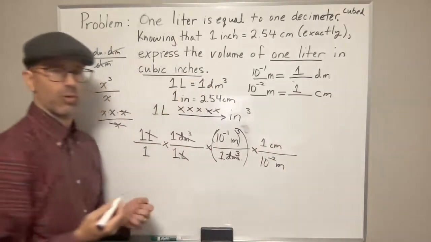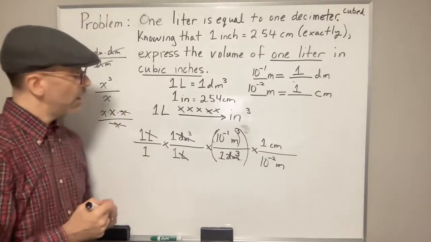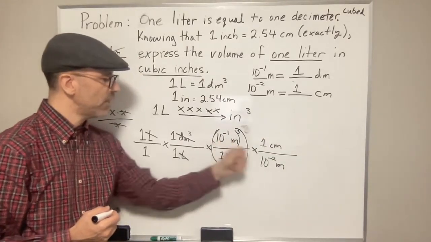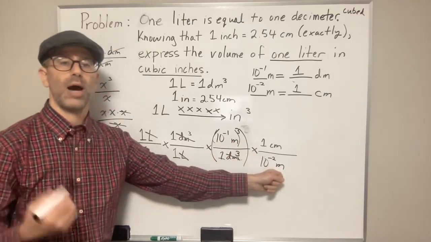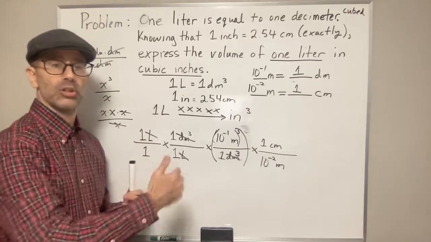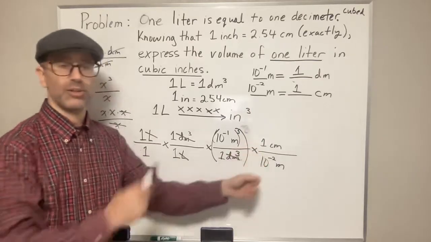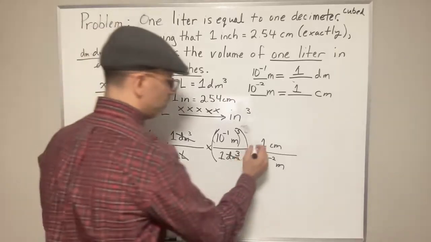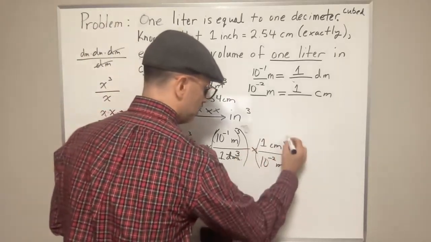I only have meters here, but I want meters cubed. So again, either you can multiply by this conversion factor 3 times, or you can just cube the conversion factor.